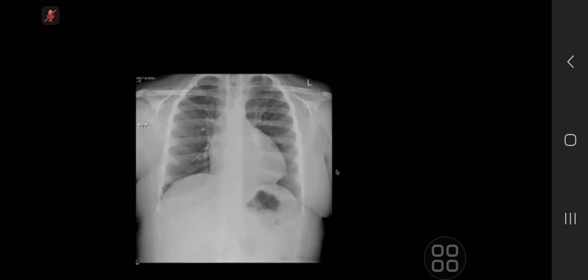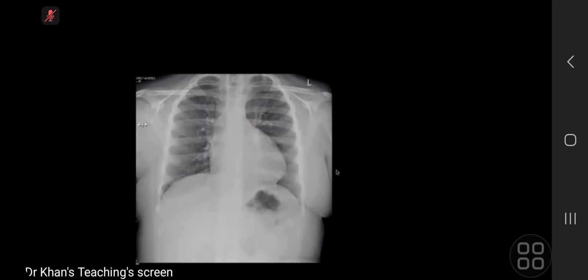This is a chest radiograph of a slightly older child, levocardia with gastric bubble on the left, in keeping with situs solitus. The aorta, I think, is a right-sided aortic arch. Pulmonary arteries are normal.